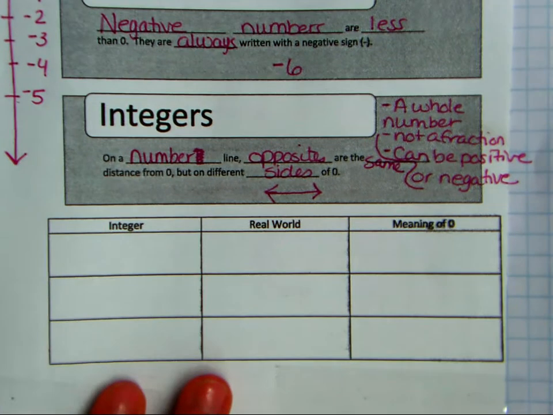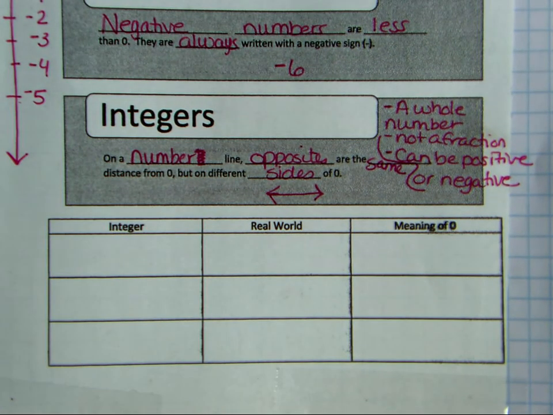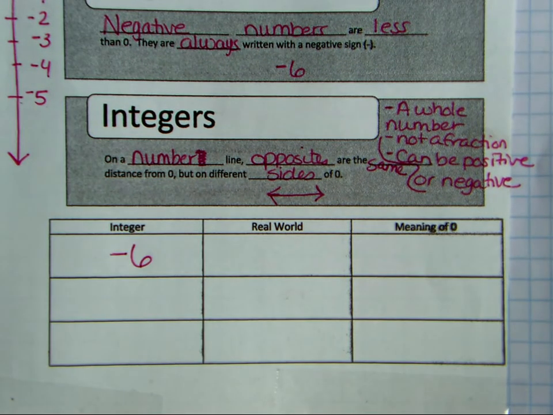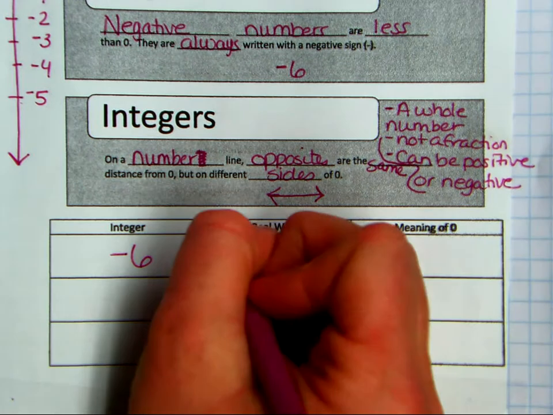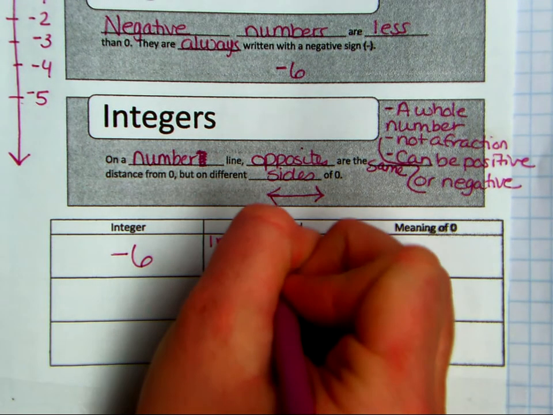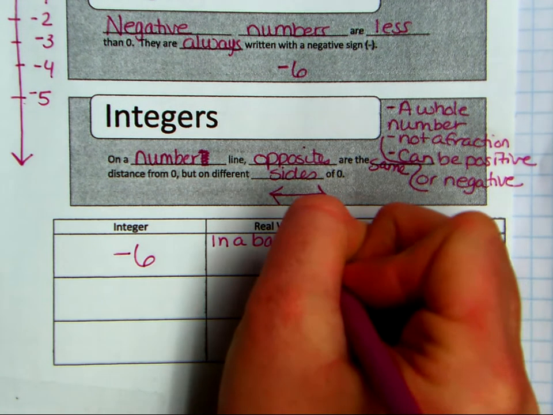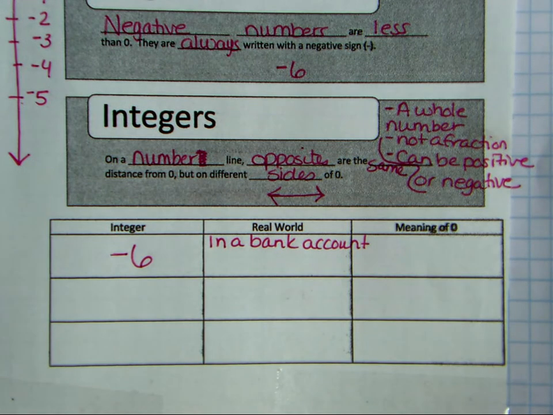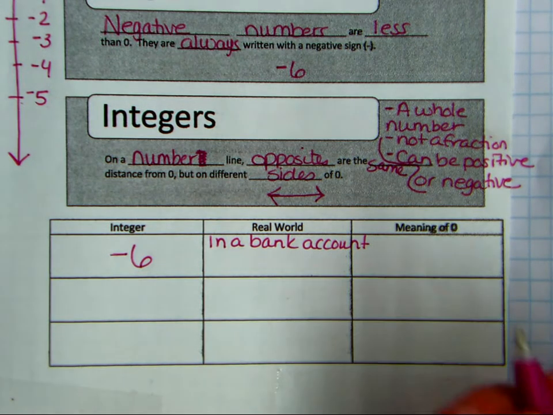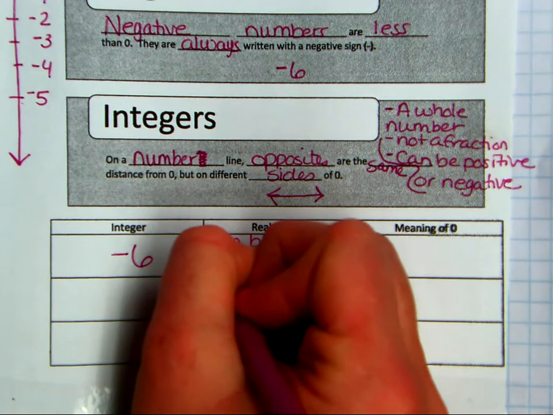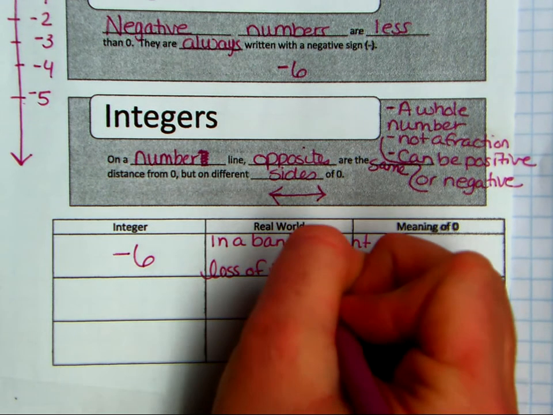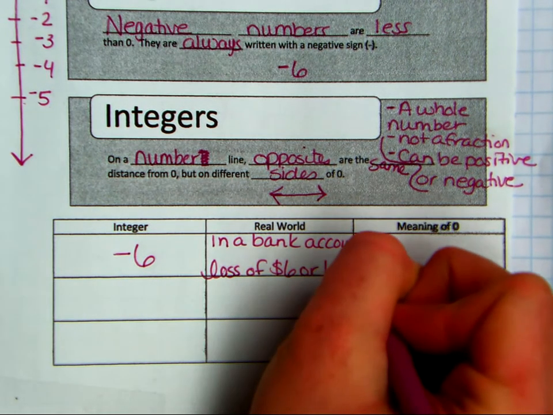Alright, so now let's start looking at some real-world application. If I have the integer negative 6, an example of this might be in the real world in a bank account. If I had a bank account and I had negative 6, it would mean that I had a loss of $6, or I spent $6.